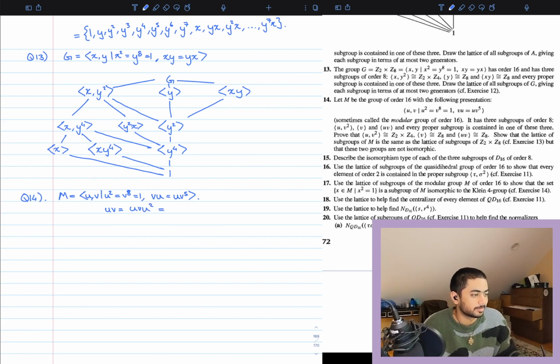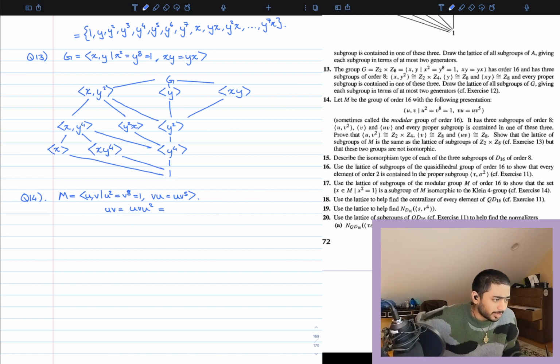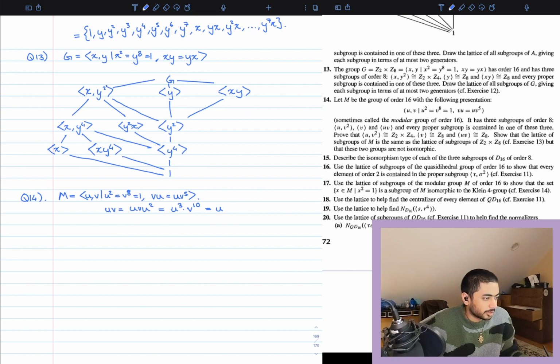UVU. And then we swap these twice. So we get U cubed times V to the 10. Now U cubed is just U. V to the 10 is just V squared.